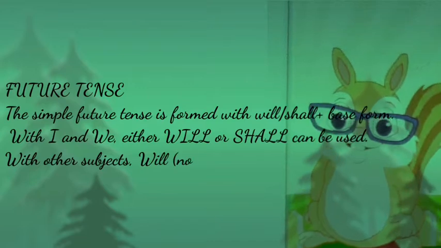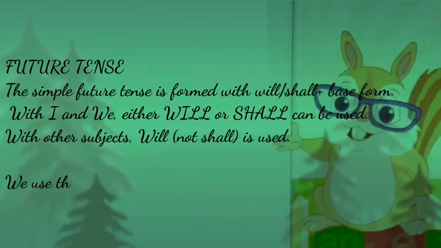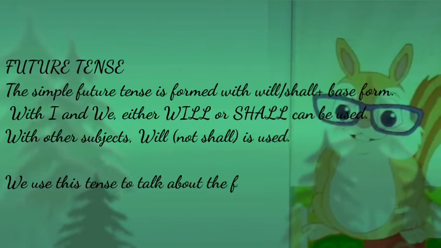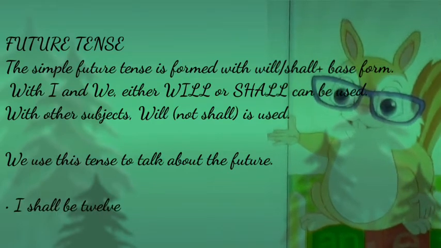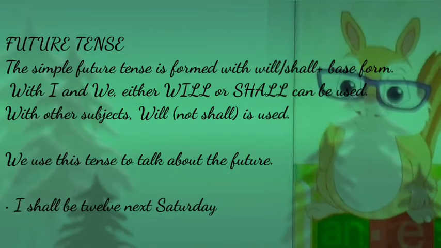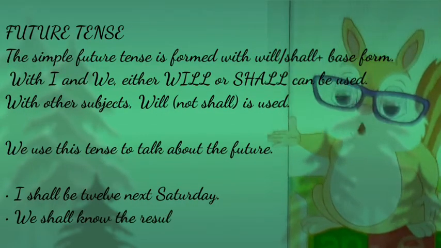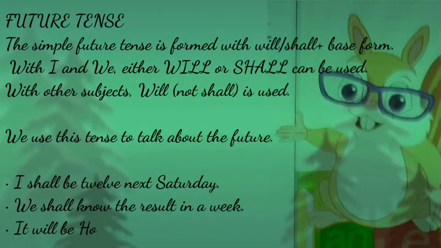With I and we, either will or shall can be used. With other subjects, will is used, not shall. It means we can use either will or shall with I and we, but with other subjects we will use will, not shall. We use this tense to talk about the future.